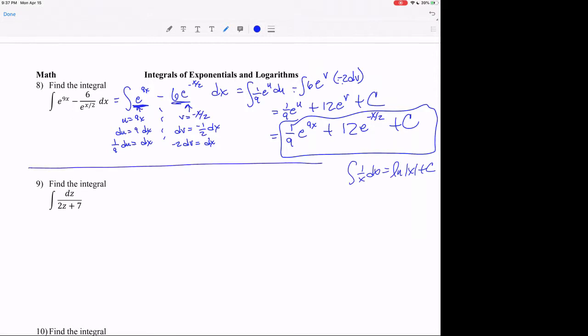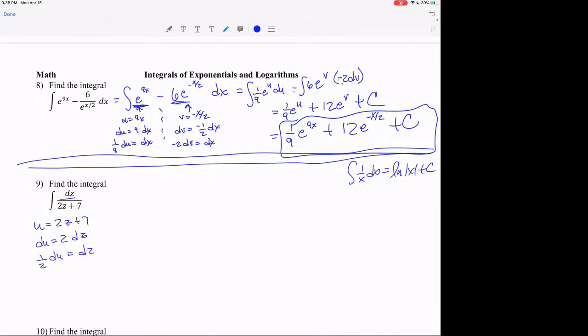Okay, so now I'm going to draw a little line here because now we're doing the other half of this section. So we're going to have that u equals 2z plus 7. So then du equals 2 dz. There's my dz. So then I have 1/2 du equals dz. So now I'm going to substitute.